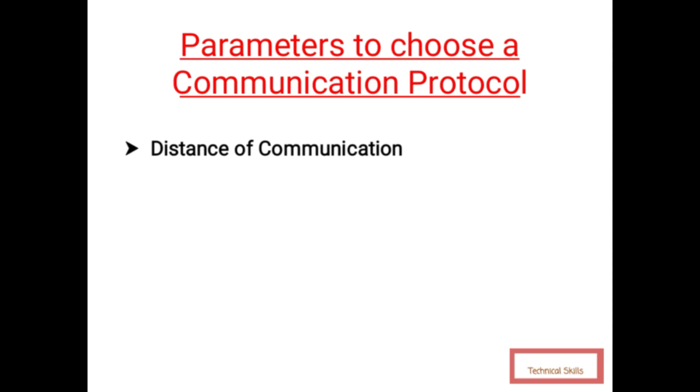Like if a PLC is near, we can choose a communication protocol which is having a less distance. If our PLC is far, we choose a protocol suited to that longer distance.